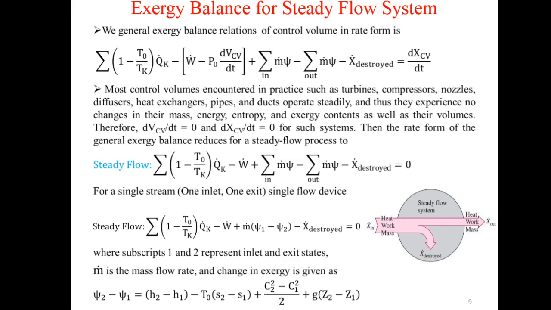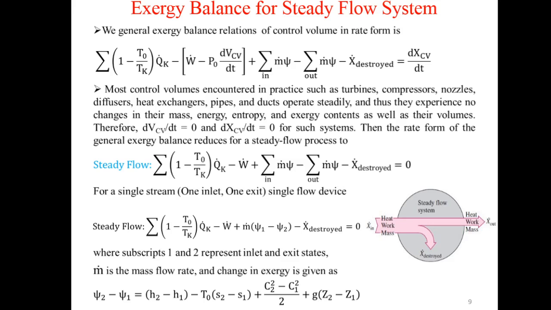Next is the exergy balance for steady flow system. We have already defined this equation in rate form for the control volume. Most control volumes encountered in practice, such as turbines, compressors, nozzles, diffusers, heat exchangers, pipes and ducts, operate steadily, and thus they experience no change in their mass, energy, entropy and exergy contents as well as their volumes.